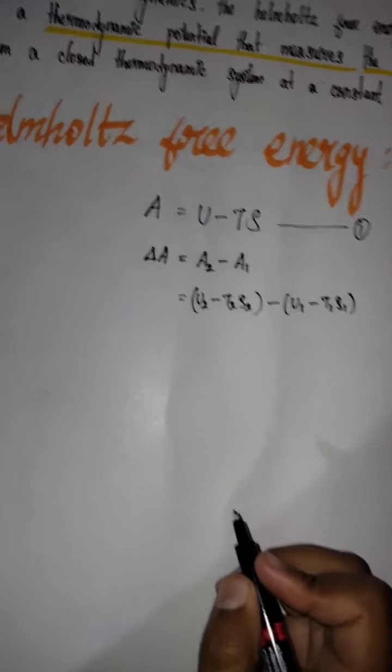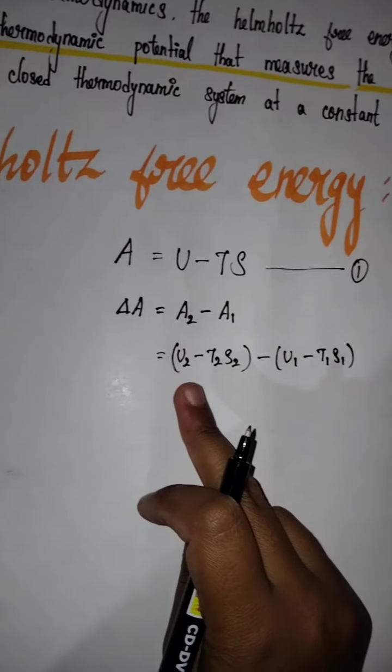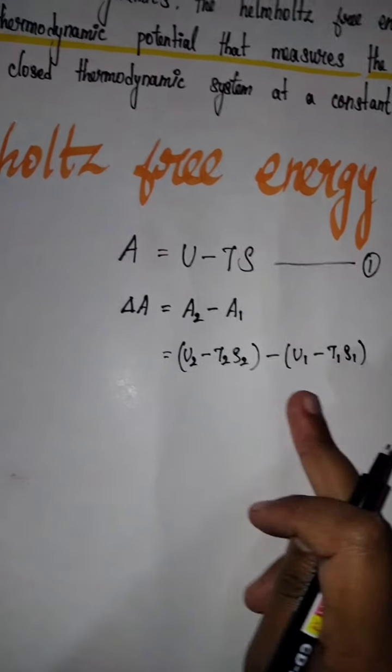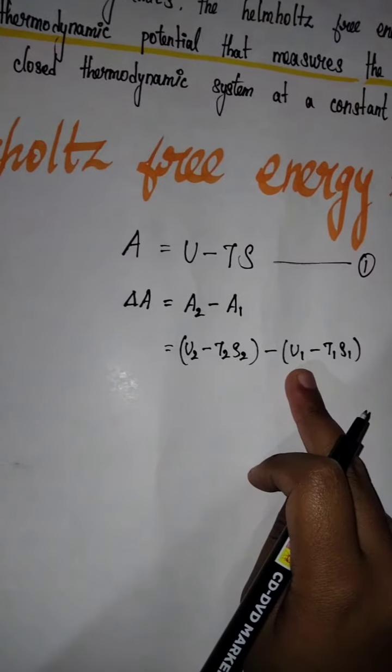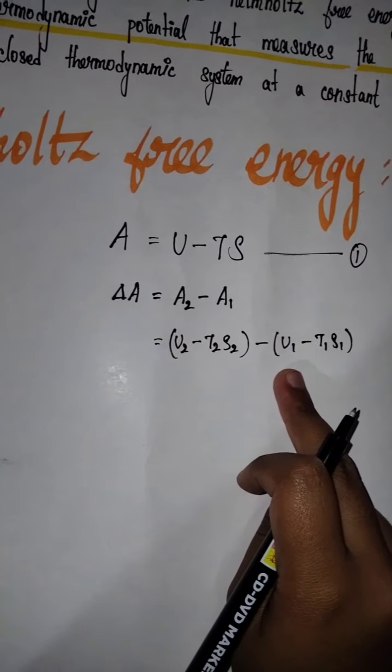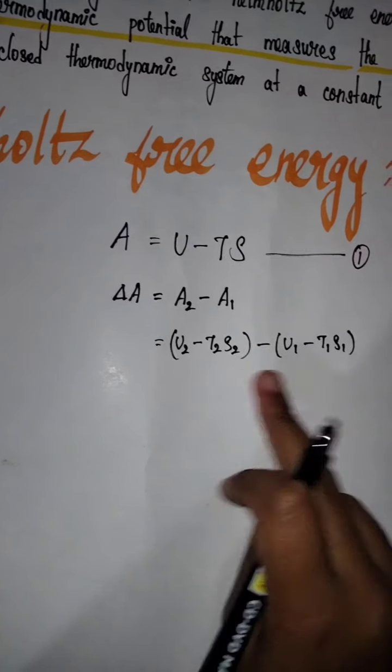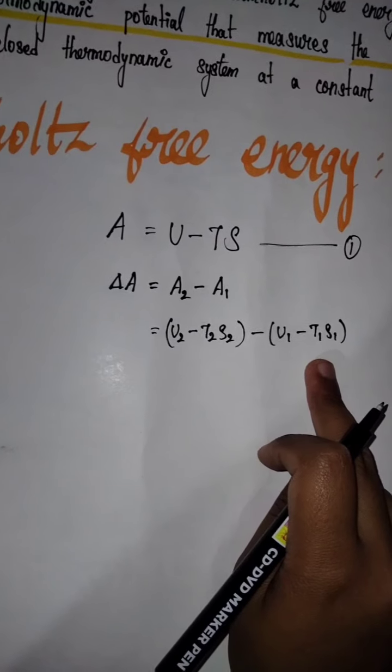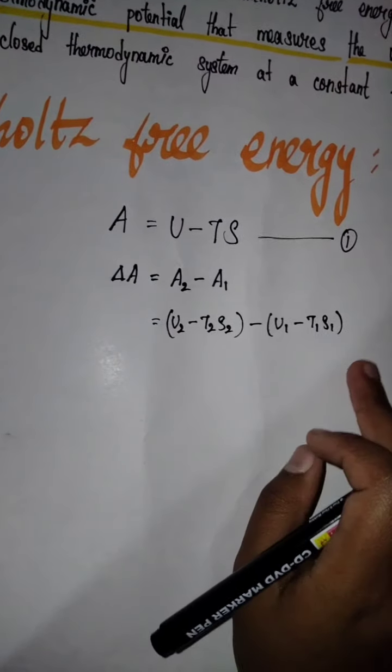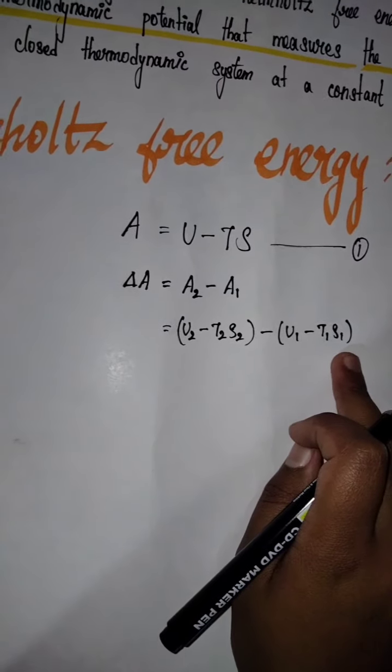Now U2 minus U1 is the difference in internal energy, T2 minus T1 is the difference in temperature, and S2 minus S1 is the difference in entropy.